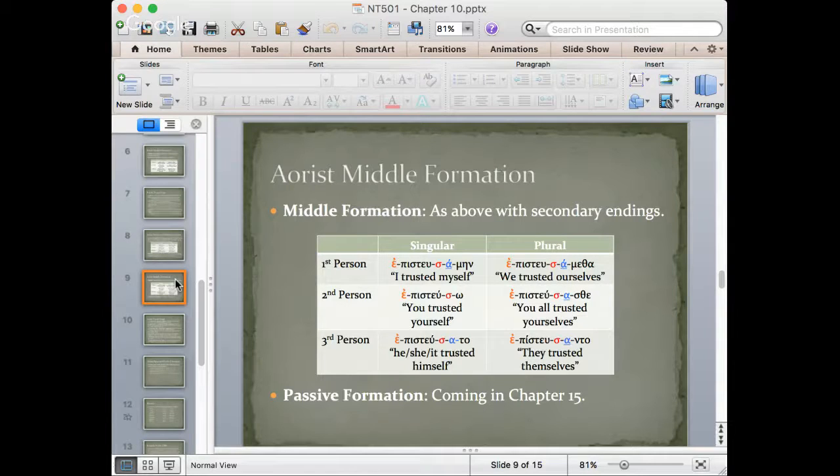Oftentimes I'll start on the end of the verb and then go to the middle to see what the tense indicators are communicating. Oftentimes you may only have 2 of the 3 elements that are here. It's like something's amalgamated or disappeared or something's weird. And so, again, you're just going to have to take your best guess based on the evidence that you do have. And we'll do some examples of these just so you get a feel for this.